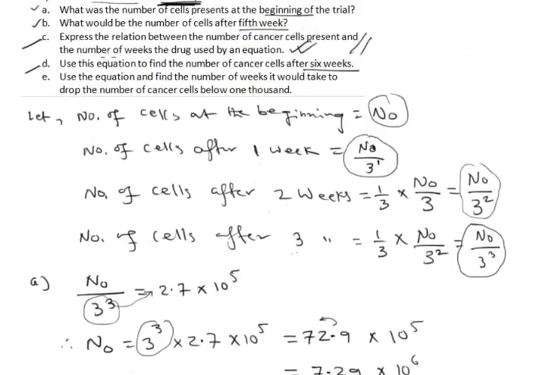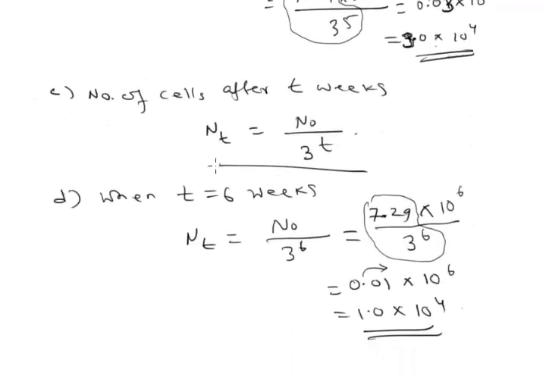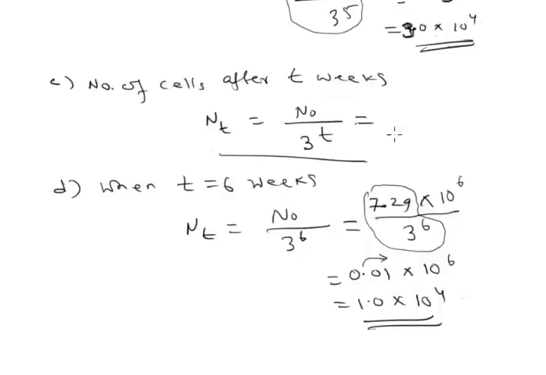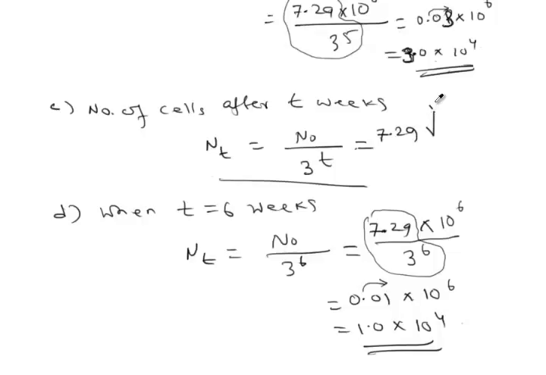Okay, now finally E. Use the equation and find the number of weeks it will take to drop the number of cancer cells below 1000. So the number of cancer cells nt is n0 divided by 3 to the power t, where n0 is 7.29 times 10 to the power 6.